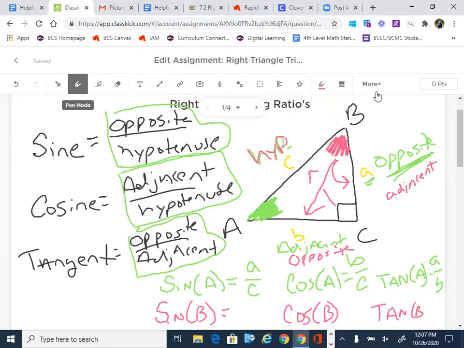So when I write sine of B, I have to ask, what is the opposite? Now I'm going to use the pink colors.